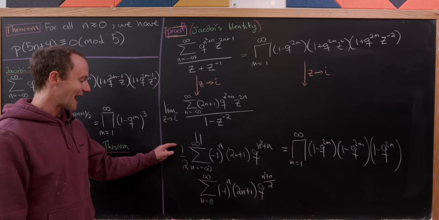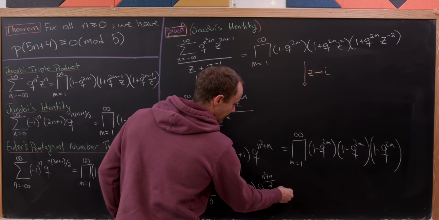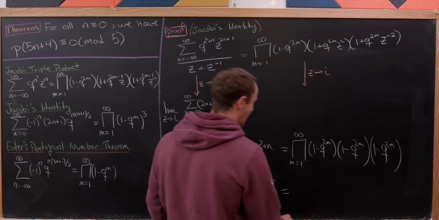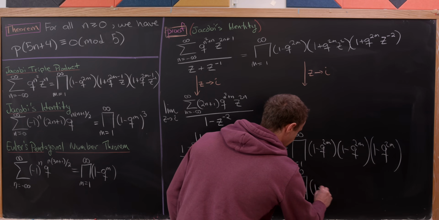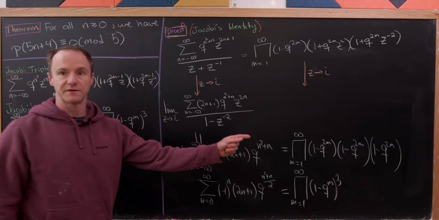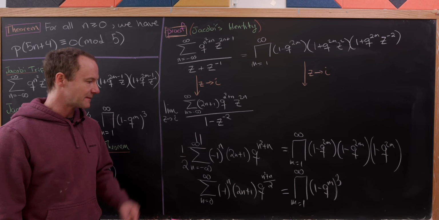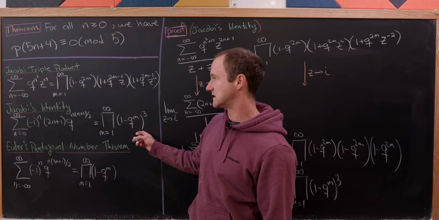So that means they'll add together to get rid of this half. And then if we replace q with q to the half over here on the right-hand side, we get this product as m goes from 1 to infinity of (1 minus q to the m) cubed, because observe that those three terms are the same. Okay, so we've just established Jacobi's identity.